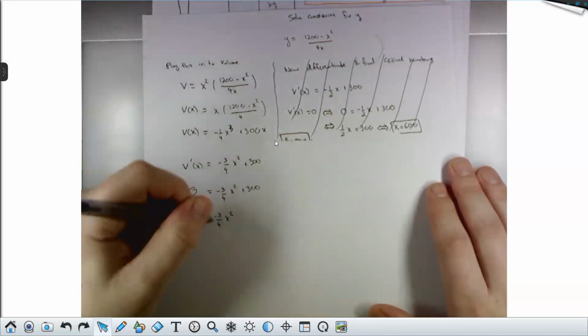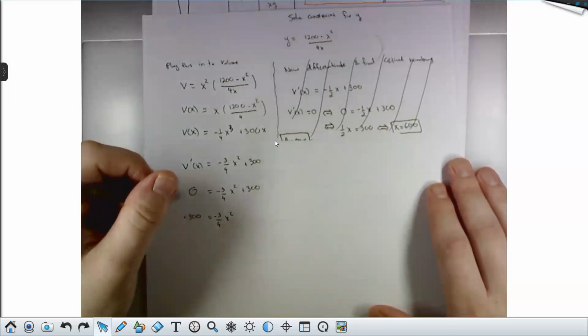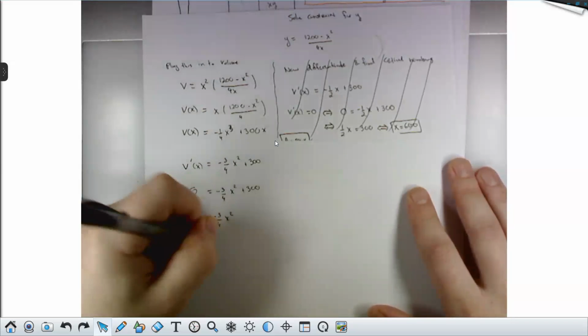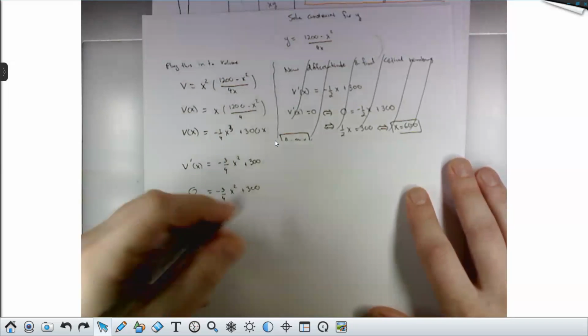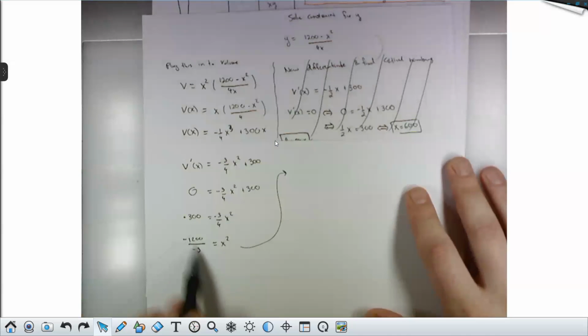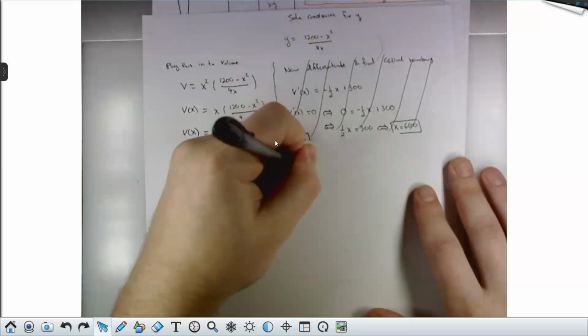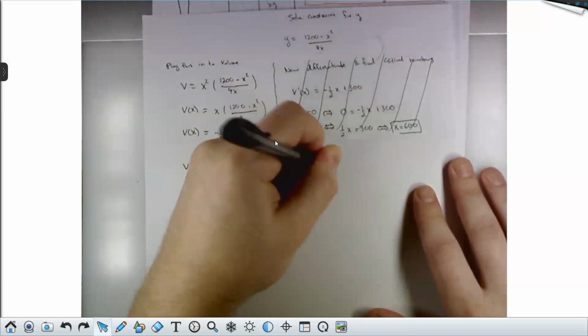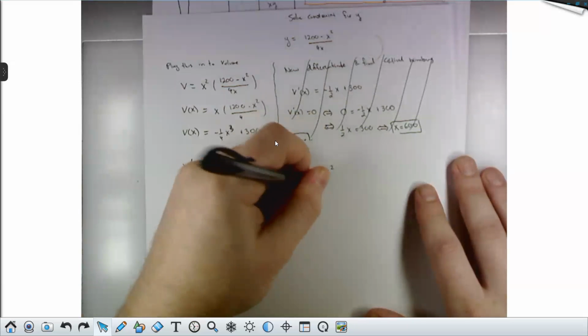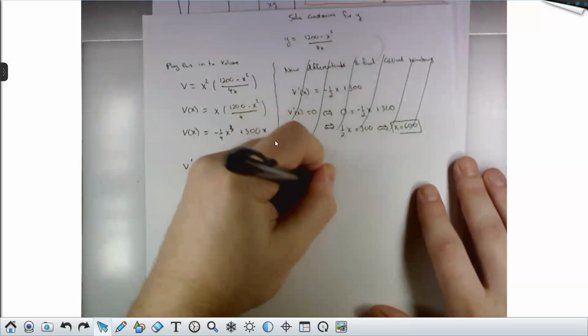And then I can multiply by 4/3. So that would be -1200 over -3 equals x squared. -1200 divided by -3 is -400. Or sorry, positive 400 equals x squared, which means x has to be one of positive or negative 20.